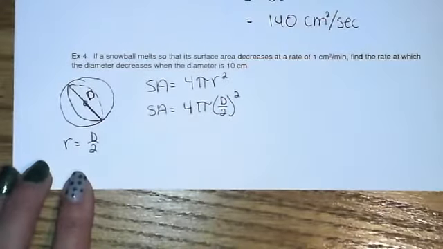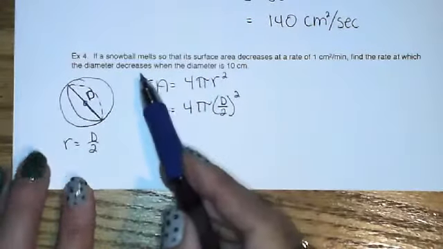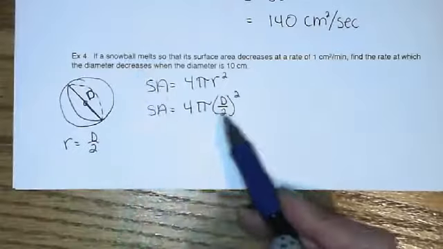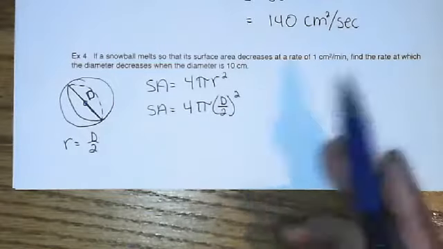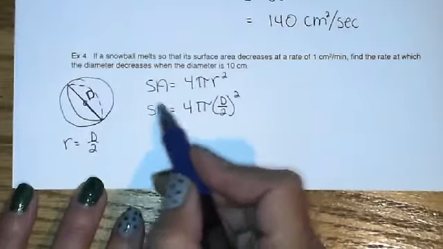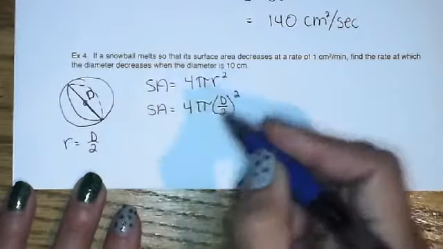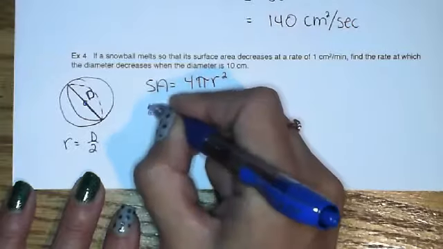So my surface area equation is 4 pi times d divided by 2, squared. So you've got to have a little bit of foresight to see what you need in your equation.